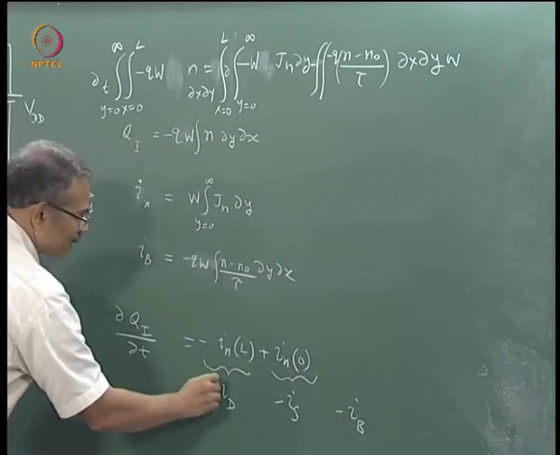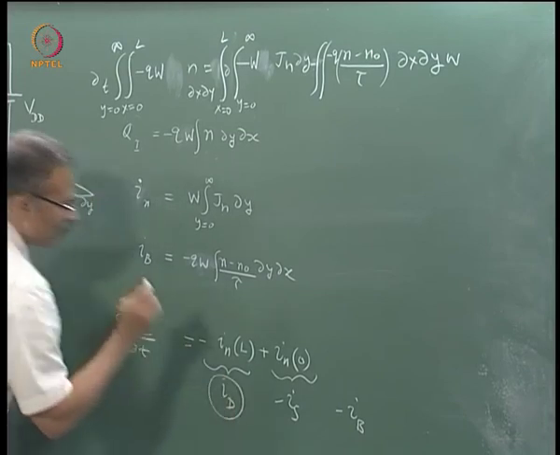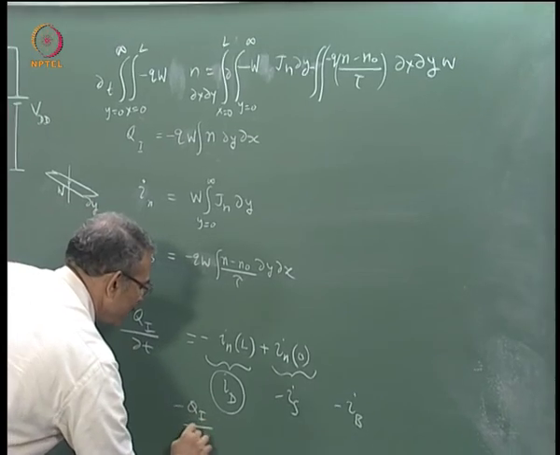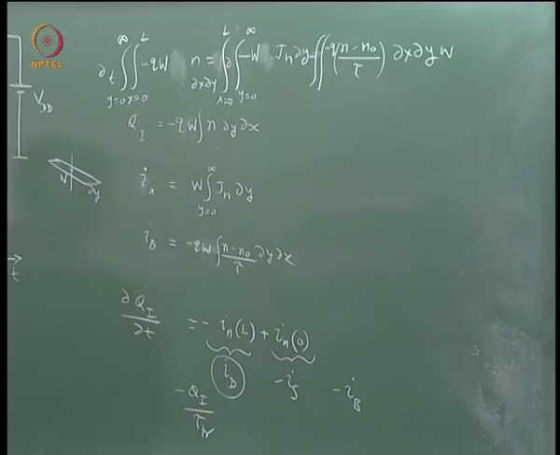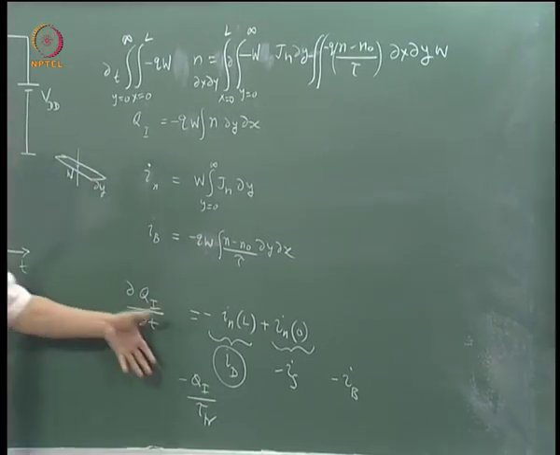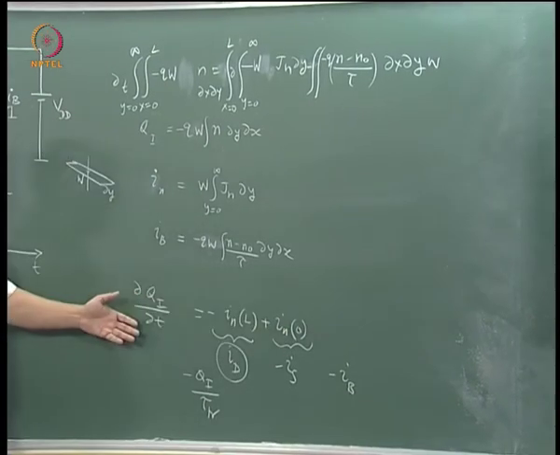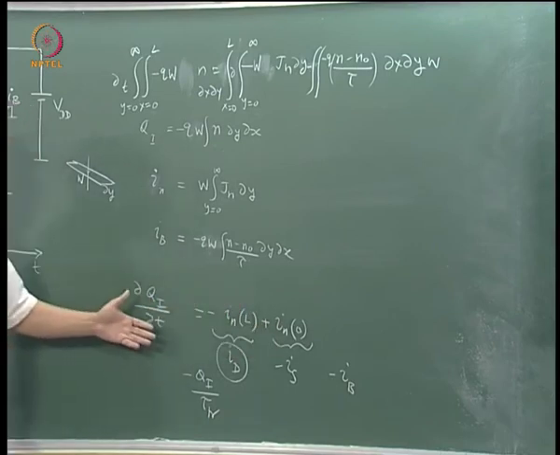Now under steady state conditions this ID is written as minus of Qi by transit time. So we use the steady state result in this transient case to solve this equation in a simple manner.